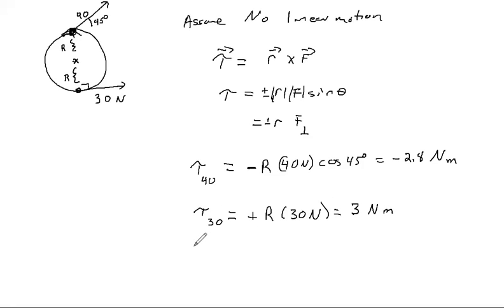And therefore, the net torque, well, I just add those up and it becomes positive. So it's going to want to rotate counterclockwise, ultimately, 0.2 Newton meters. Okay, so that's my net torque. The net torque is it wants to rotate counterclockwise.